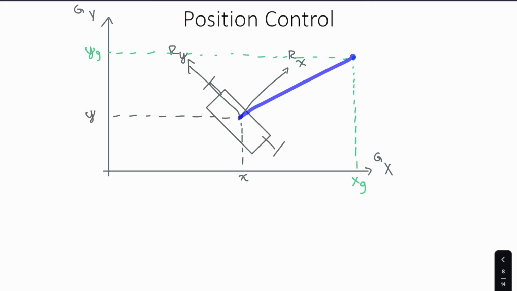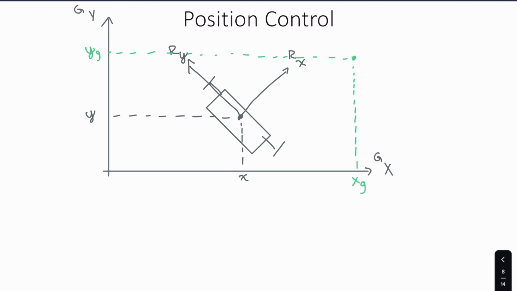We can't translate directly along this straight line without any rotation from the current location to the target location. We could rotate to point at it and then travel in a straight line, but this is position control only, so we're going to ignore any sort of rotations. What'll end up happening is we'll take some sort of arcing path to our target location, our goal location.